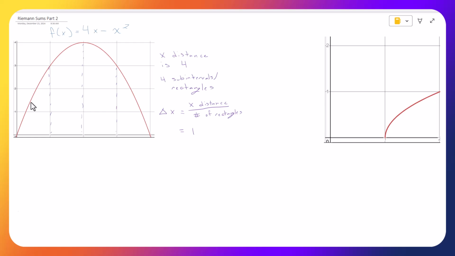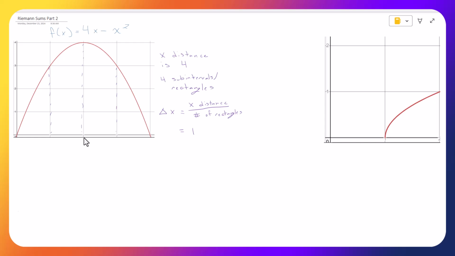So I'm looking at the middle between 0 and 1, that's 0.5. And that is going to be the top of my rectangle. The middle between 1 and 2, that's 1.5.